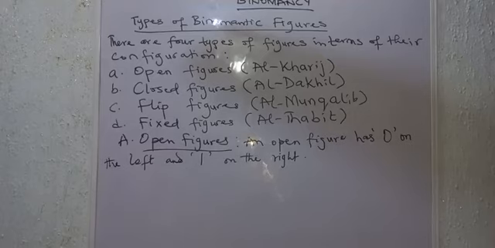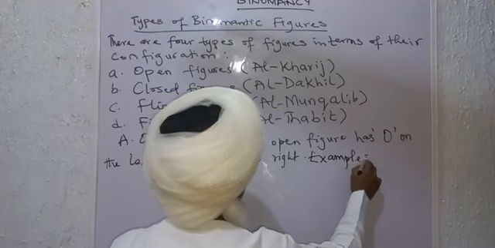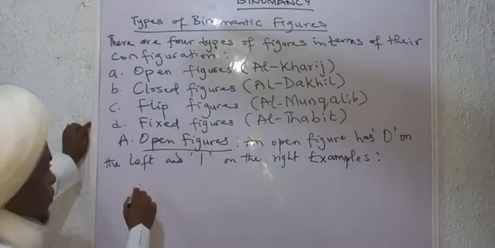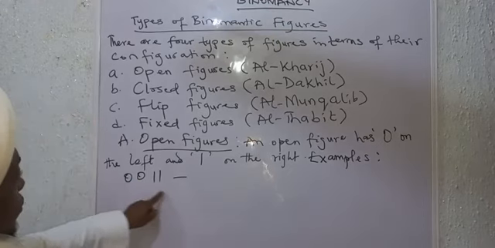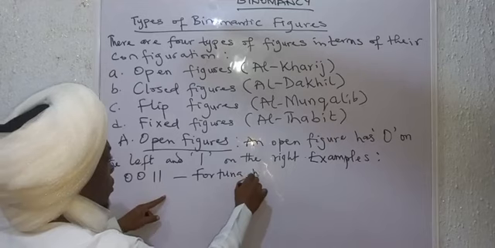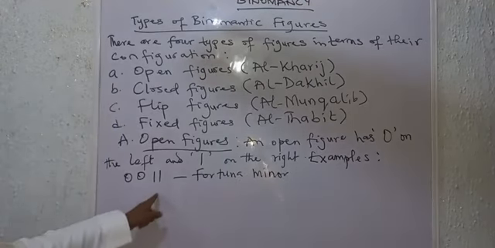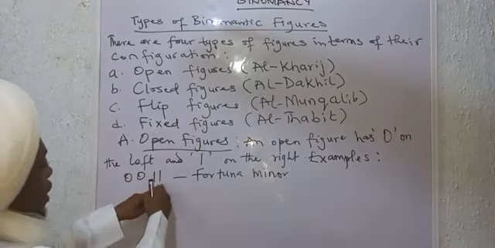So examples. We have 0011, Fortuna Minor, and Nasrat of Khadija. So it is an open figure. 0 on the left, 1 on the right.